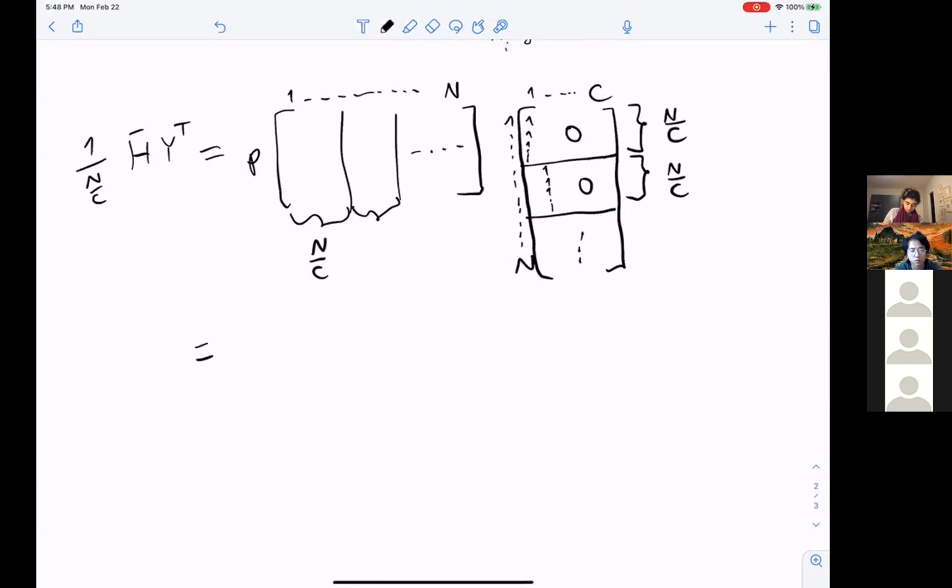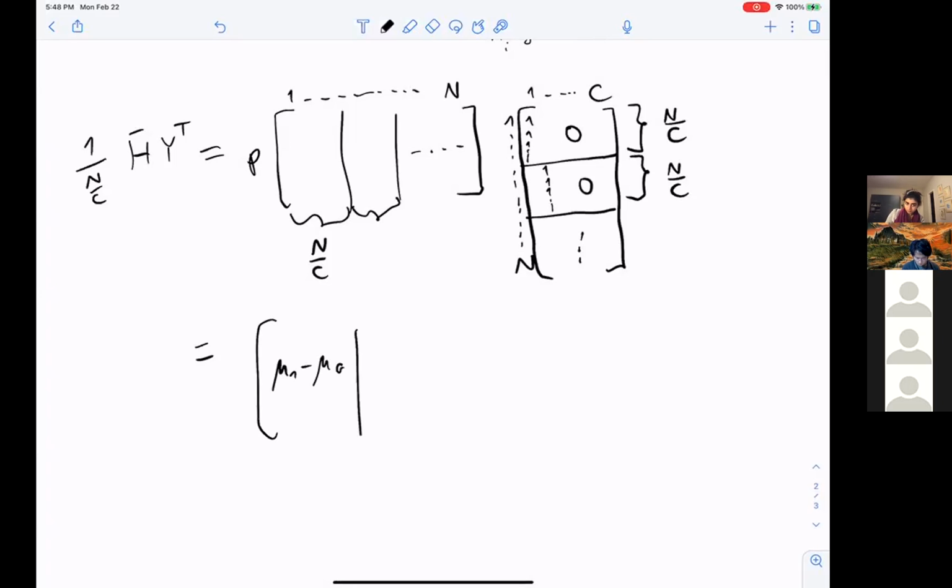What is the n over c thing again? We have a total of capital N examples, and we have C classes, so you have n over c examples per class. And we assume that the classes are balanced, so you have equal examples in each class. So what was said in the chat is indeed correct: this is equal to a matrix where first you have mu1 minus mu g.